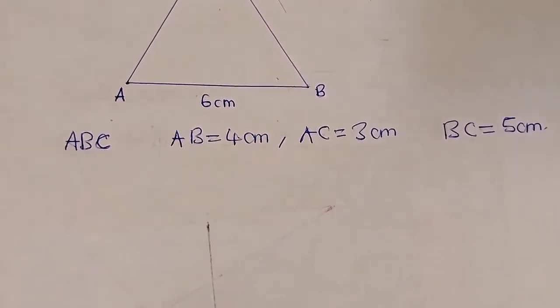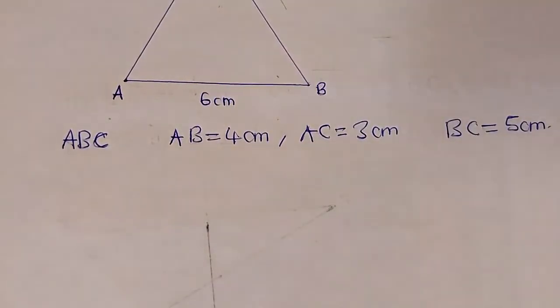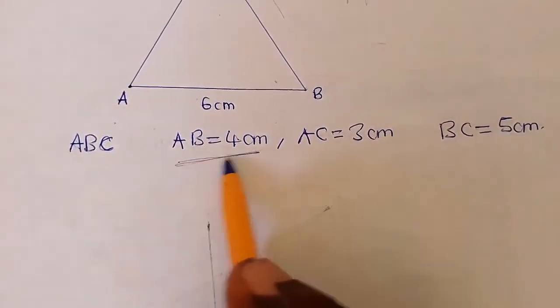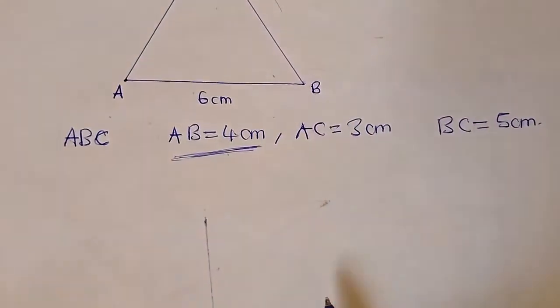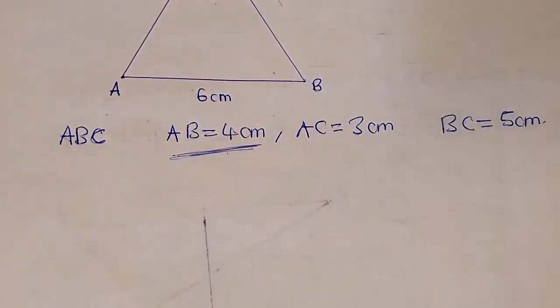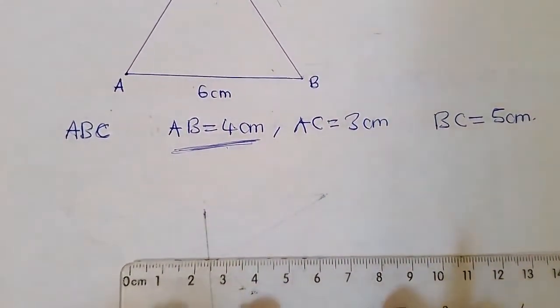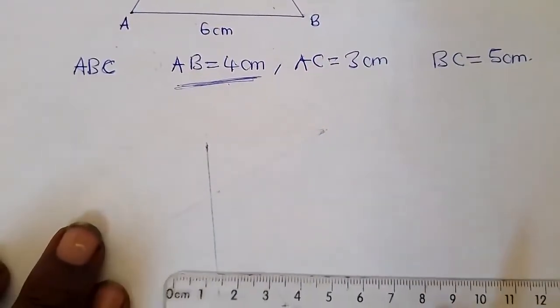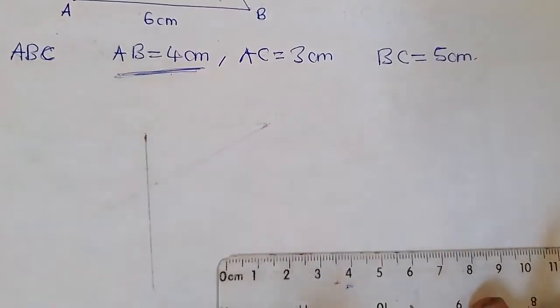If you are following this, practice through everything that I'm doing. The first thing you are given is AB. Your AB is 4 centimeters. You get your ruler and measure 4 centimeters.